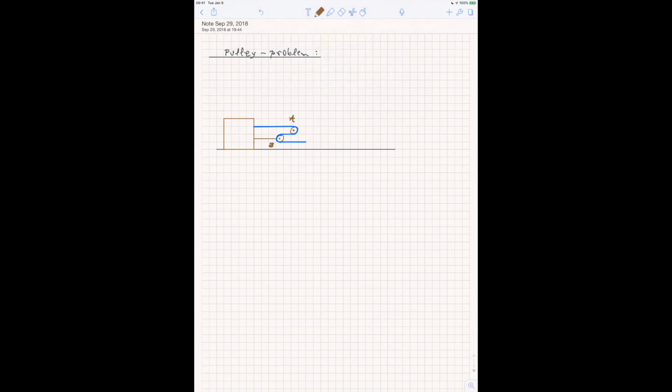Now what else? What else is missing? So now from here, it is attached to another block, which I will draw in a second. And here's just a fixed anchor point. Let me just draw it like this. This would be a fixed anchor point here.